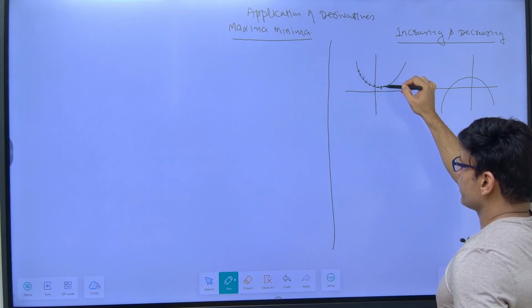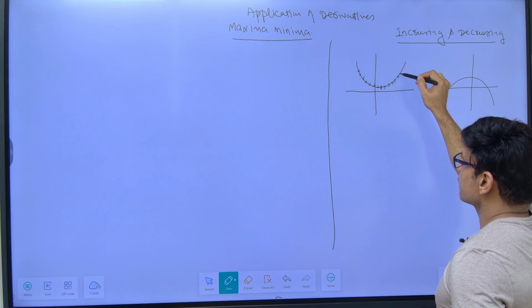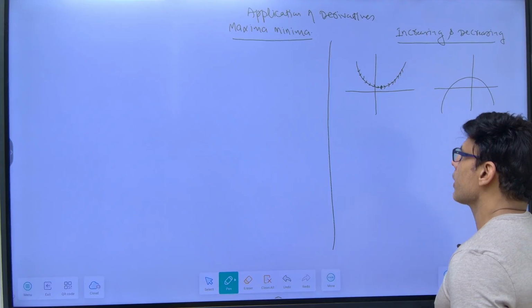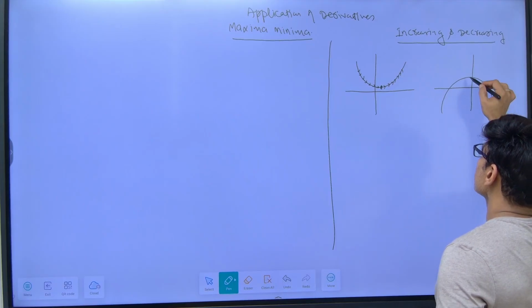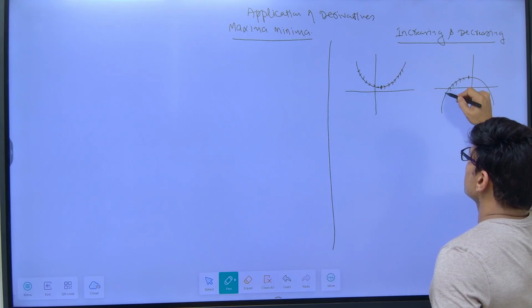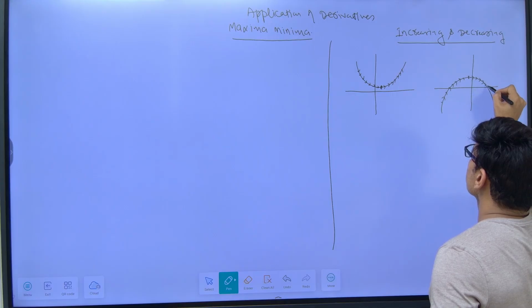And after this point, it started increasing. That means something has happened at this point. Same way, this is the point where it achieved the highest value. Before that, it was continuously increasing. After reaching this point, it starts decreasing.